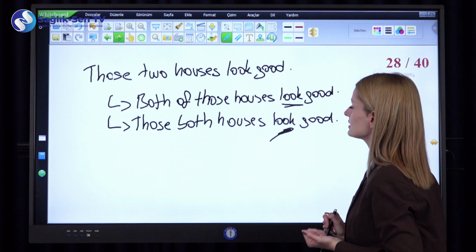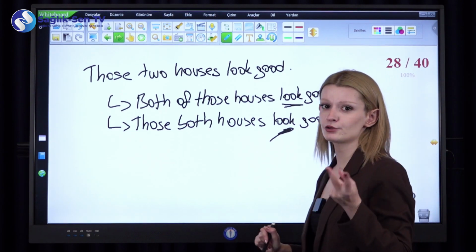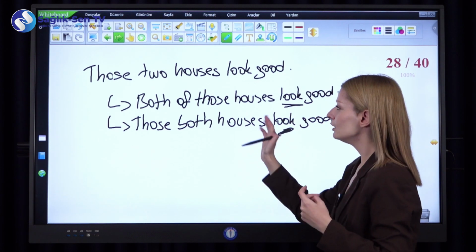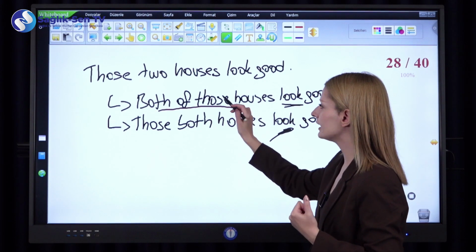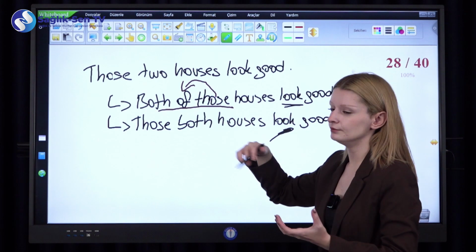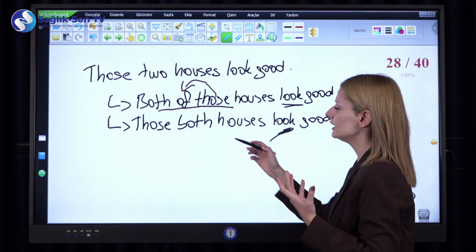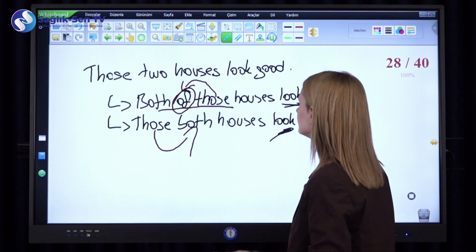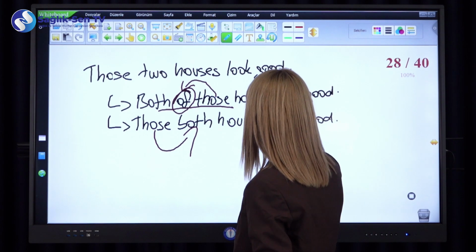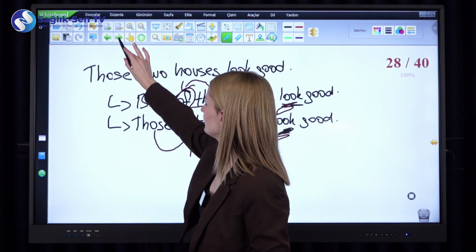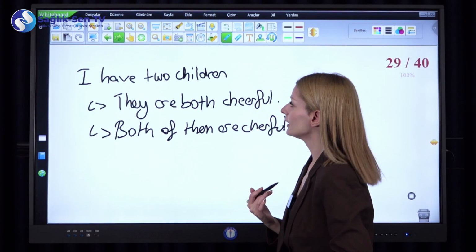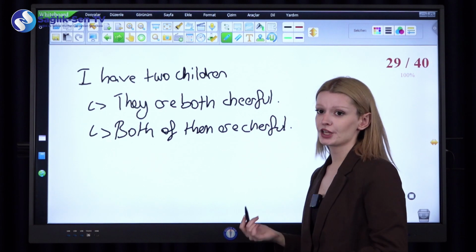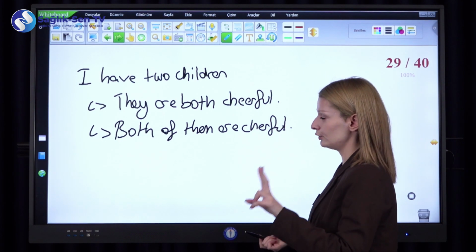Those two houses look good. I'm talking about two things, two objects. Both of those houses, again, before objects used with of, or after the subject, and the verb is plural. I have two children. I'm talking about two humans.